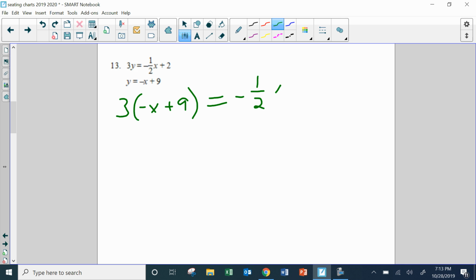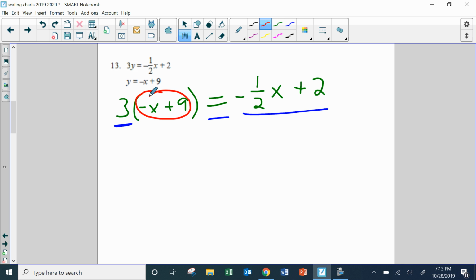So 1/2 times x plus 2. So now, again, nothing changed. All of this is the same over here, all this 3 is the same, the equals is the same. The only thing that changed is that y value became this expression. I just changed it to that, right?